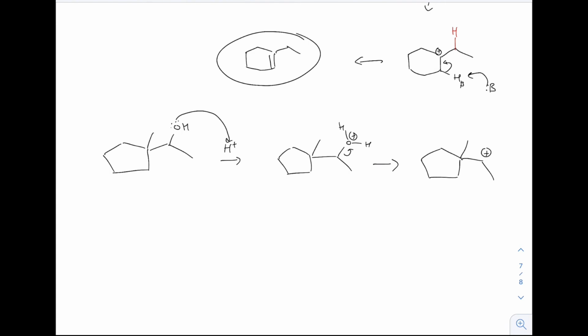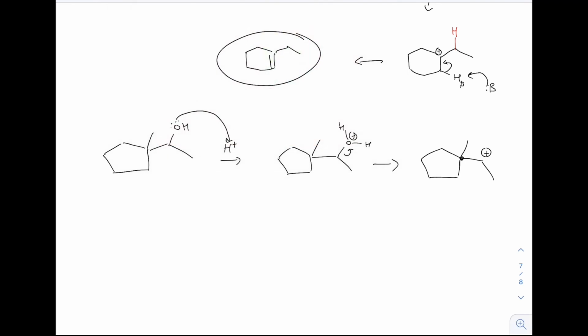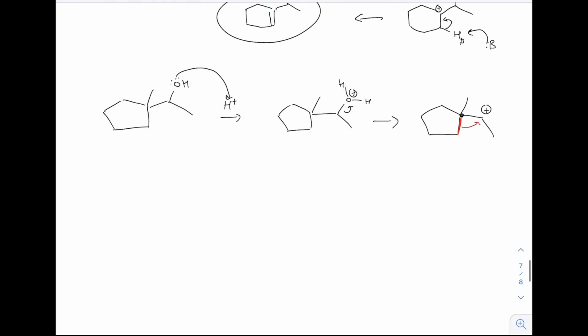So how can we make this more stable? Well, we want to look at the beta position and see what we have to move around. So how did we get to that 6-membered ring product we had above? This is where it gets tricky, but if we highlight this red bond right here, this is an alkyl group, and it can move from one position to the adjacent one to stabilize that carbocation, and that's exactly what it does.